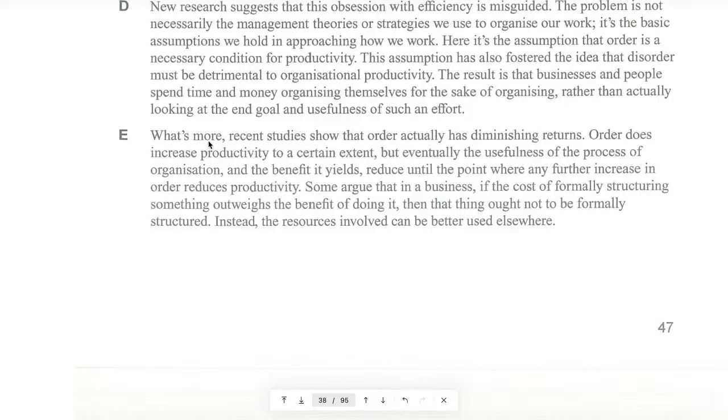So in paragraph 8, they say, what's more, recent studies show that order actually has diminishing returns. Order does increase productivity to a certain extent, but eventually the usefulness of the process of organization and the benefit it yields reduce until the point where any further increase in order reduces productivity. Do you understand up until here?